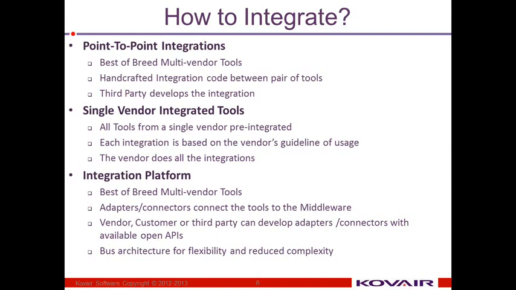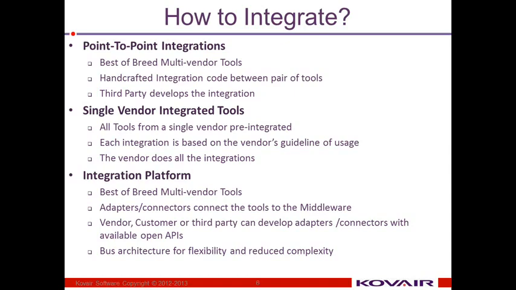And the third option is integration platform. So this allows you a mix of tools from different vendors. You can choose the best of breed tools from each of the separate vendors. You can have adapters or connectors to these tools. They will connect you to the middleware.